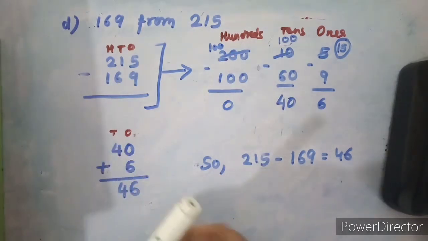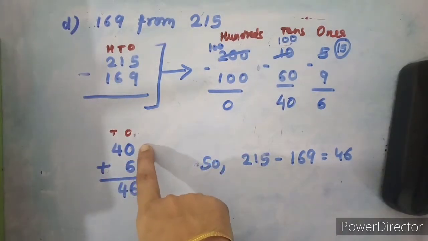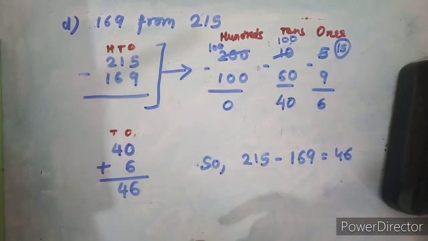So 100 minus 100 will give you 0. So here you need to write only 40 and 6, that is 40 plus 6 is 46. So 215 minus 169 is 46.